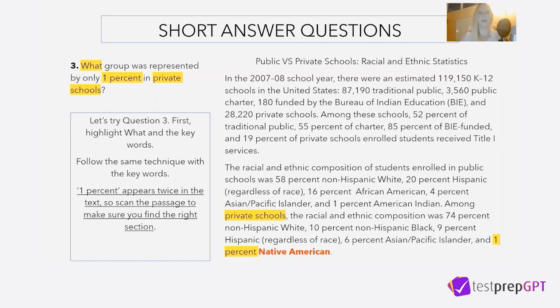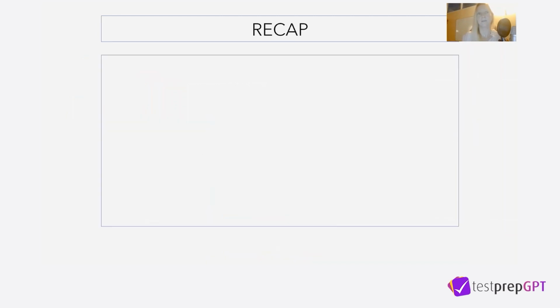So we see that the answer relating to 1% is Native American. So that's our answer. So again, skimming for keywords, scanning for the exact answer and for meaning. So that's basically our technique.